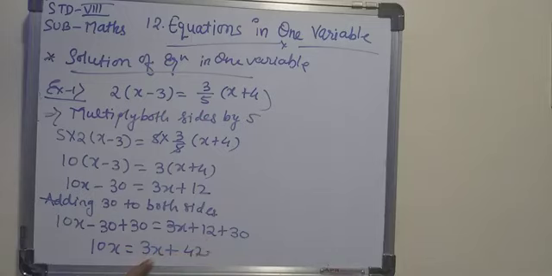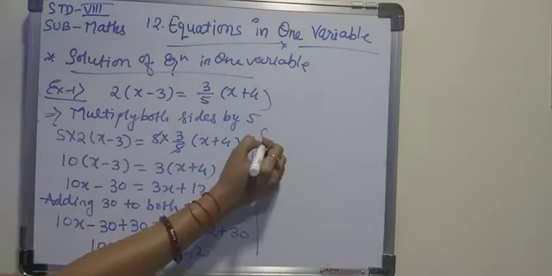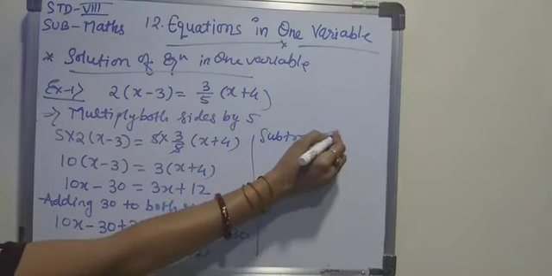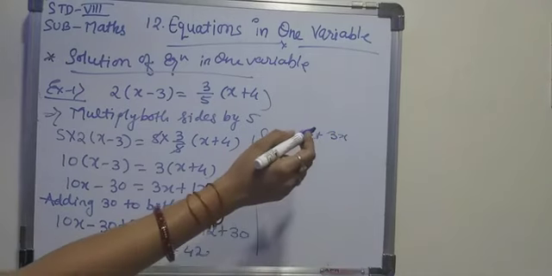I am going to remove this 3x from here because I have to find the value of x, right? So what you are going to do? Subtract 3x from both sides.